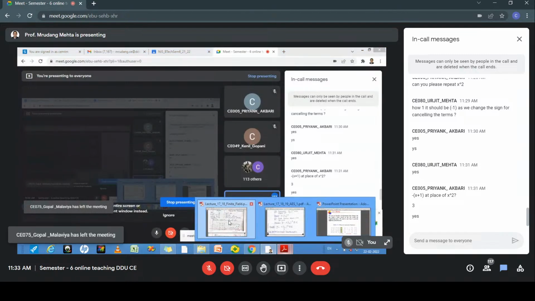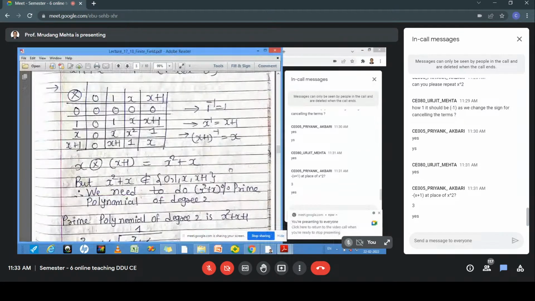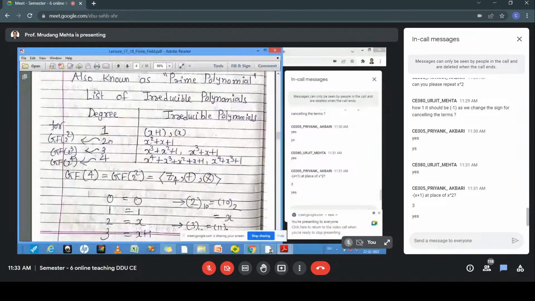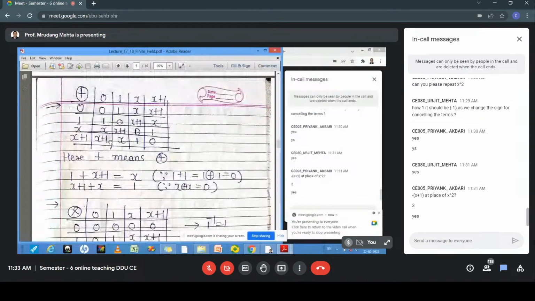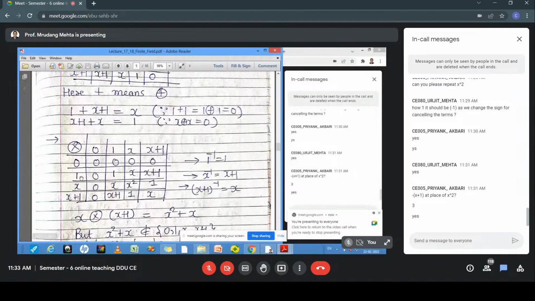Okay, so let us move ahead. Here I was talking about this 0. If you add anything to 0, you get the same value. But if you multiply, see where you get 1. 1 multiplied by 1 is 1. x multiplied by x plus 1 is 1.